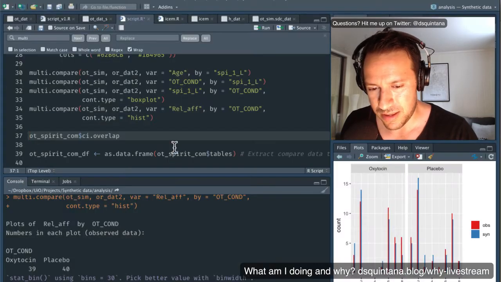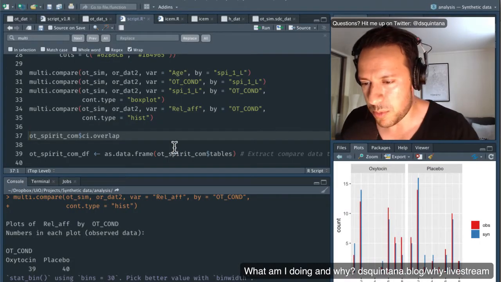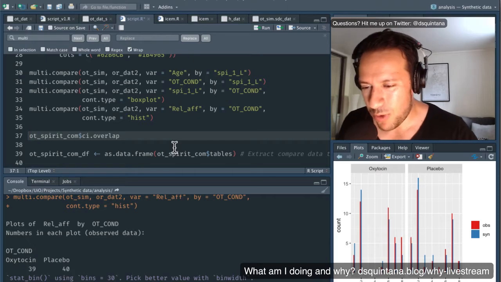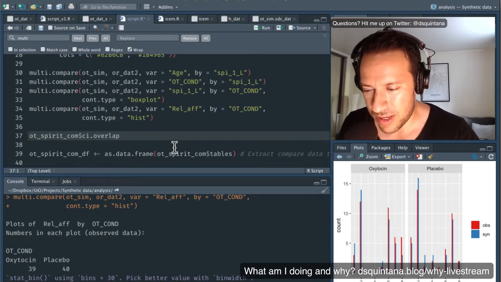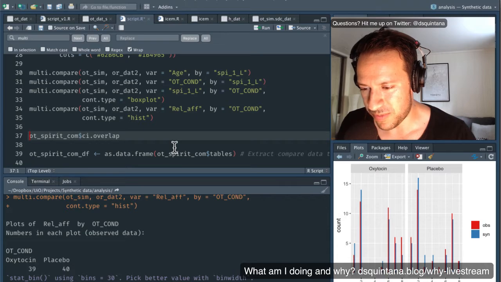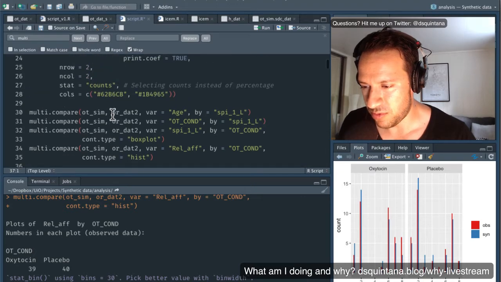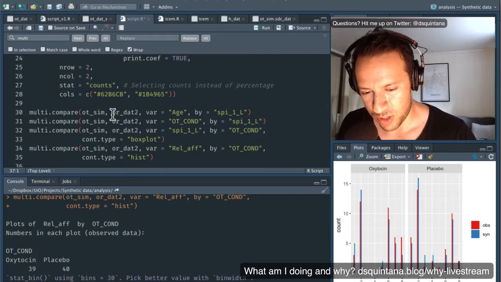Okay, so for this particular session, I'm going to be looking at how well the synthetic datasets that I've been creating can actually generalize for different types of model fits. We've already seen that for the actual models of interest, our synthetic datasets seem to perform quite well.